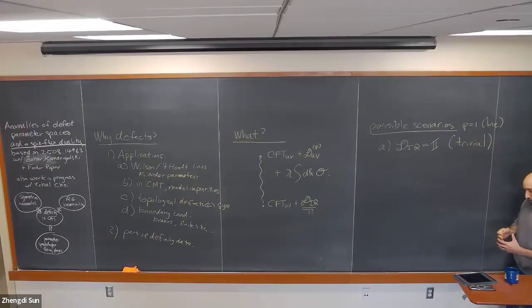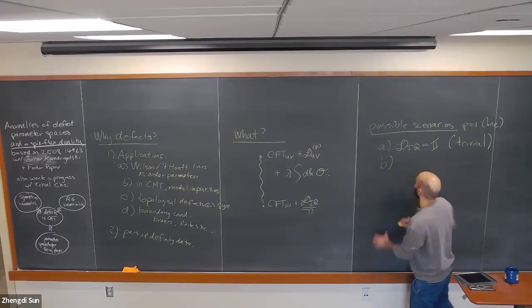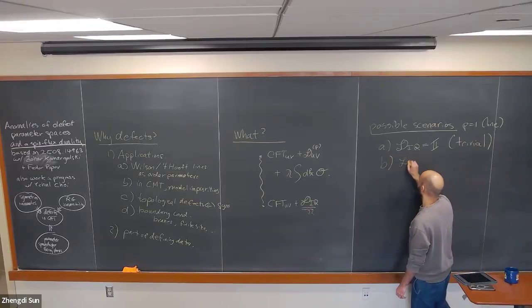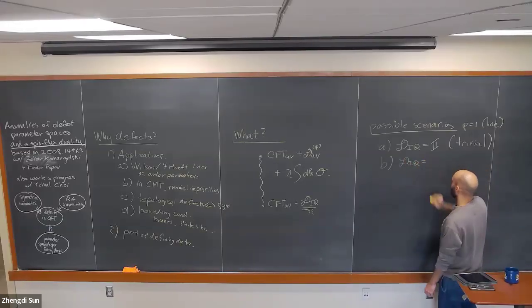So in this scenario, an observer situated at long distances away from the locus of the line can't really do any long distance experiment to see that the defect is even there. Another possible scenario is that the line defect just completely decouples from the bulk. In this case, there can still be something slightly non-trivial about it.